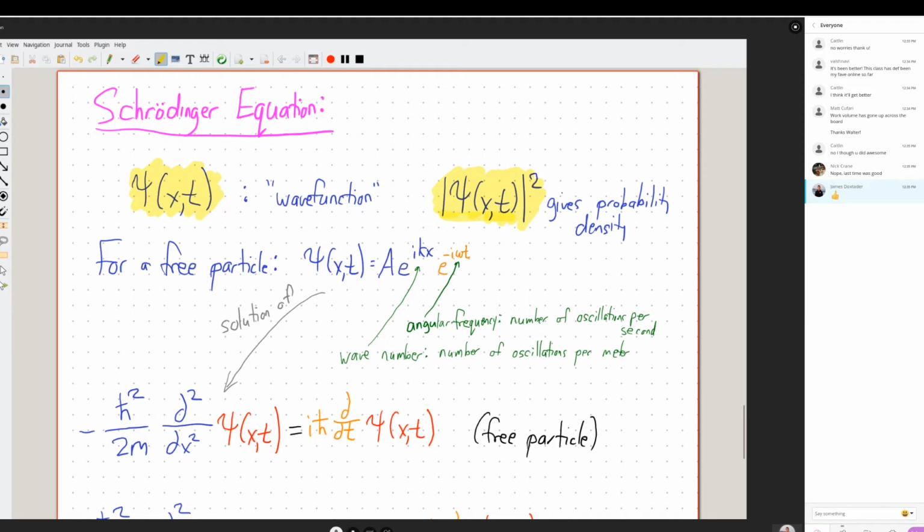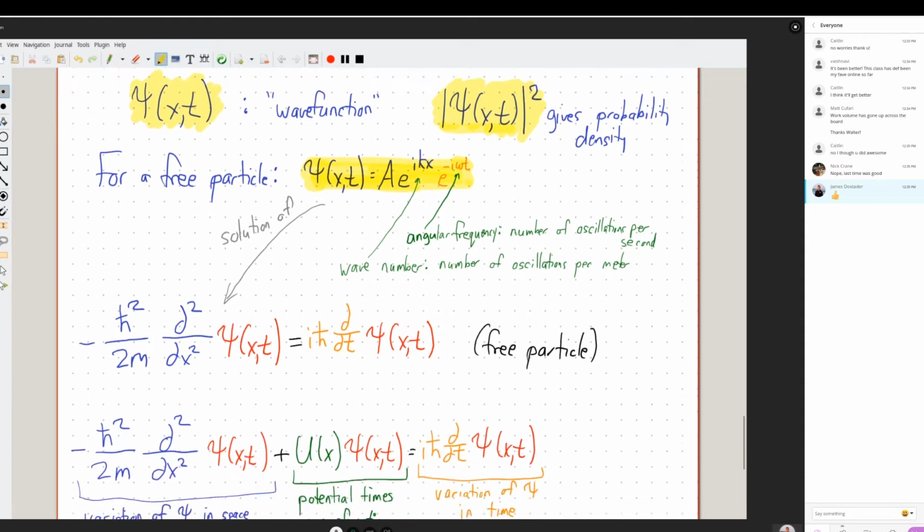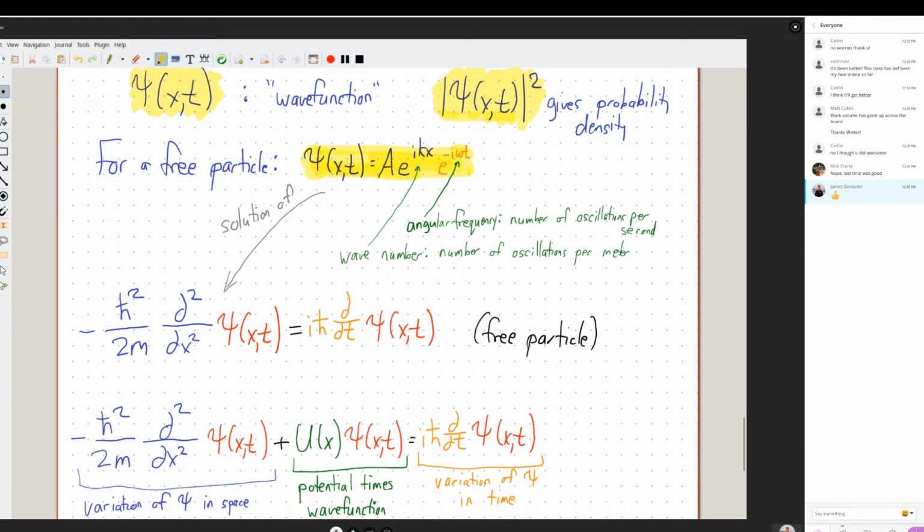And my recollection, from what you told me last time, is that you've already seen the free particle solution to the Schrodinger equation. If a particle is moving in free space with no potential acting on it, its wave function is given by that. And then we moved from there to the Schrodinger equation.